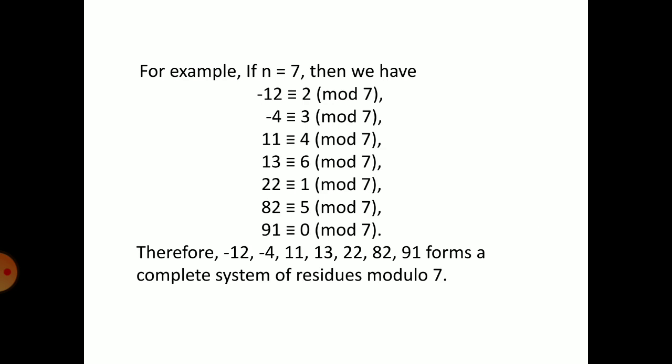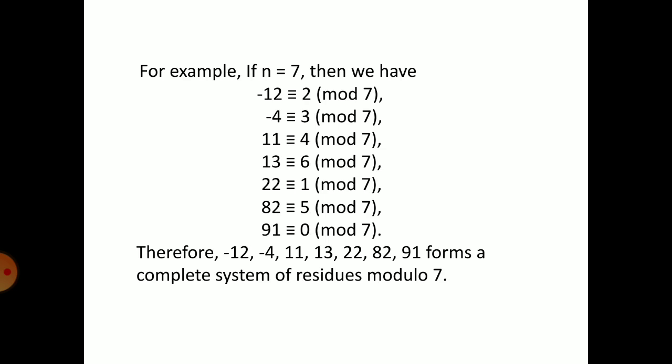For example, if n is equal to 7, then you can observe these congruences. Minus 12 is congruent to 2 mod 7 because if we compare with a is congruent to b mod n, that means n equals 7, a equals minus 12 and b equals 2. Now when a is congruent to b mod n, n divides the difference a minus b.